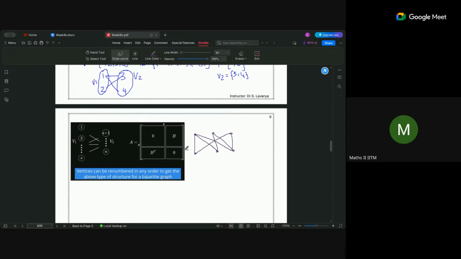Now, is this a bipartite graph? Yes or no? Yes, right? You see the top 3 form one set and the bottom 3 form one set.